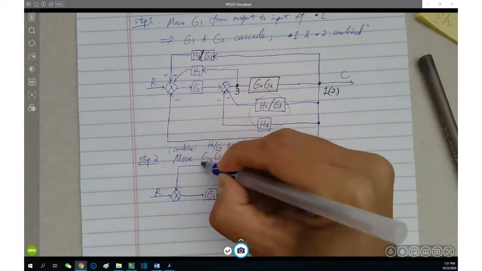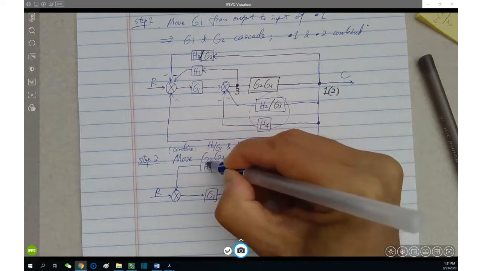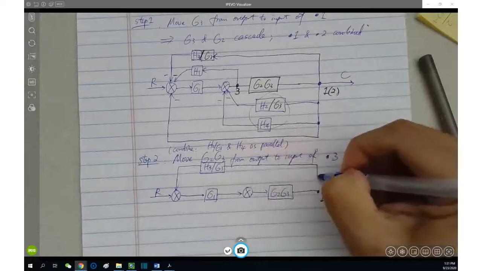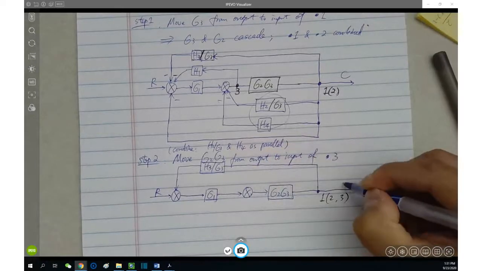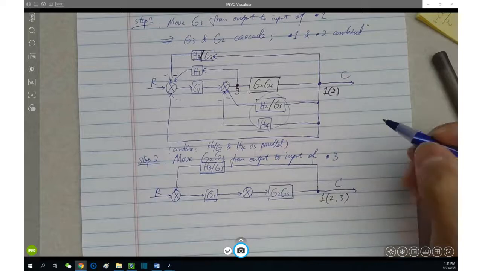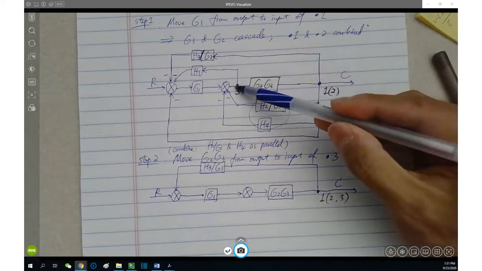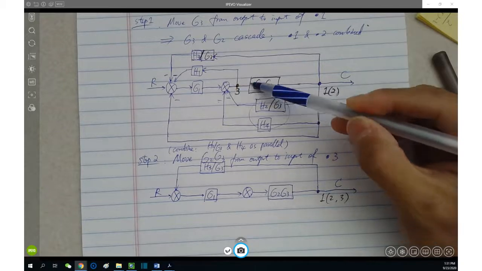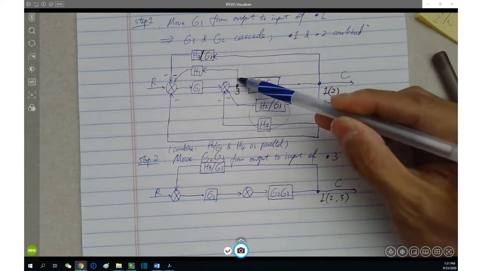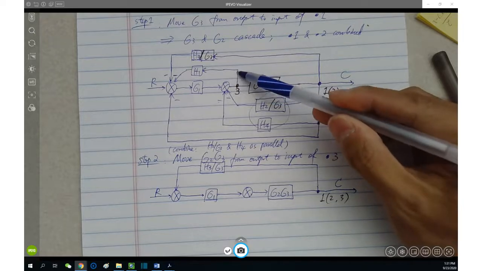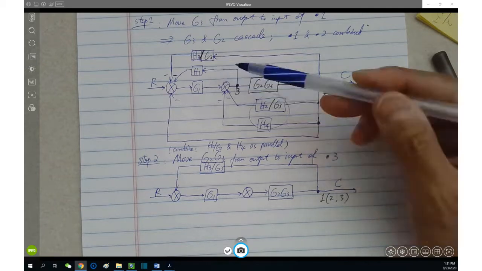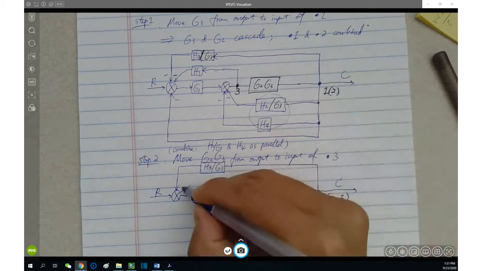The top one, H3 over G3, remains. It's not affected. This is C, right? However, you passed over a pickup point. According to the algorithm, from output to input, what do you need to do? The other output of the pickup point, which is here, H1, needs to be divided by, right?